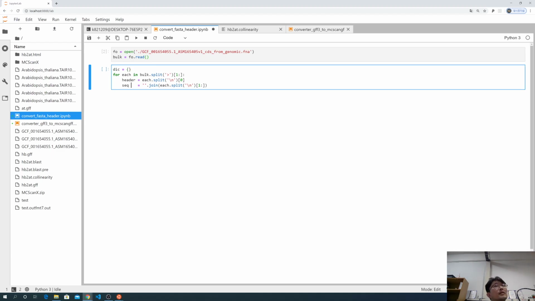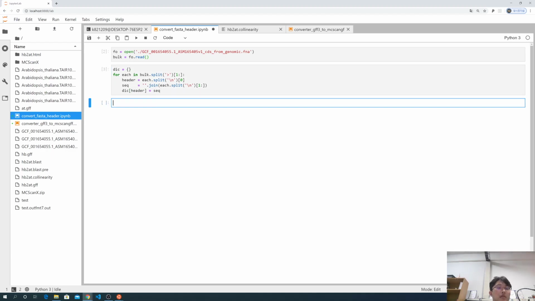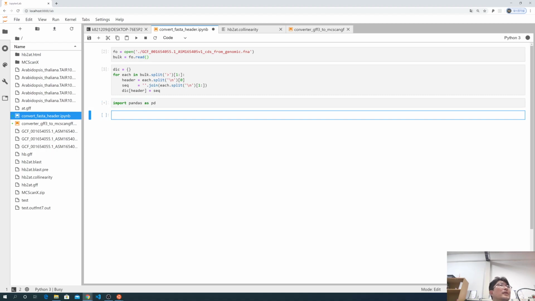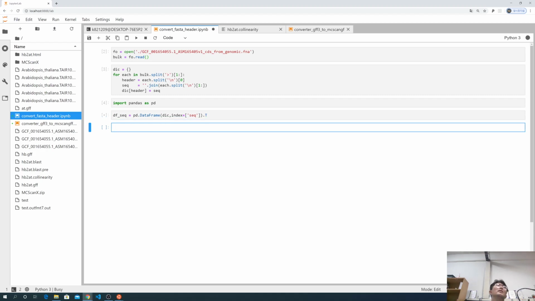Dictionary, then dictionary header equals sequence. It takes 1 second. Import pandas as pd, pd.DataFrame from the dictionary, with index, and transpose.